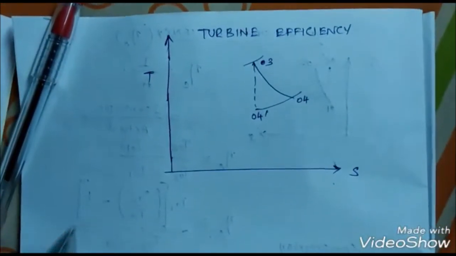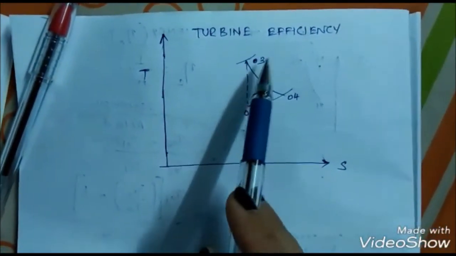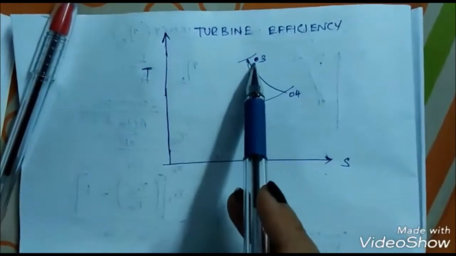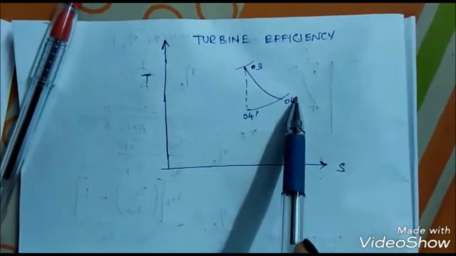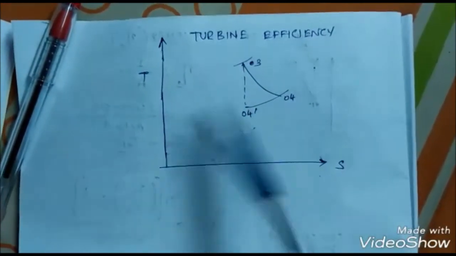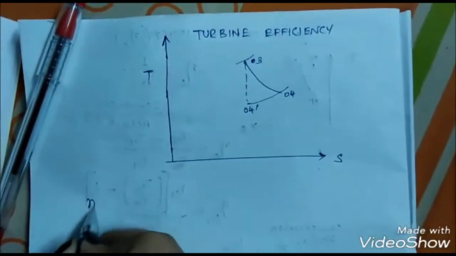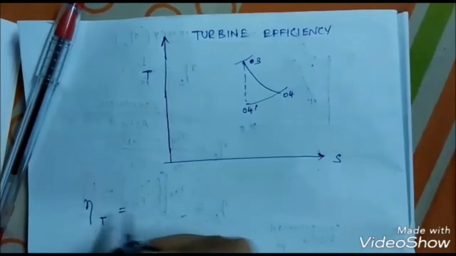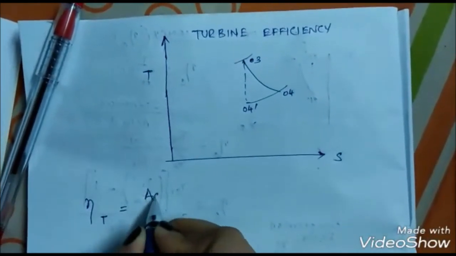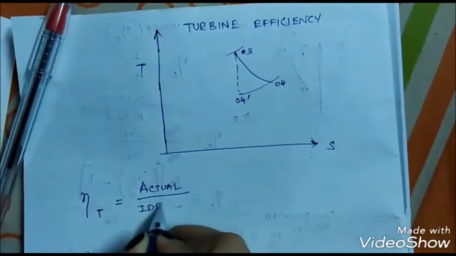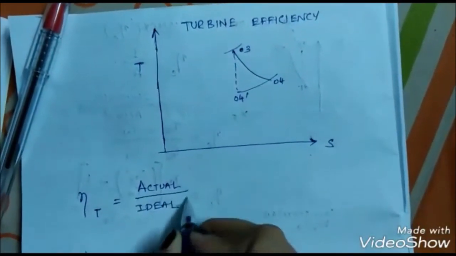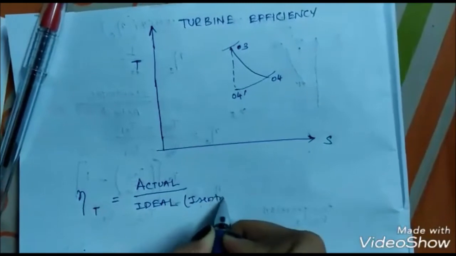Now we are going to find the turbine efficiency. Now we know the turbine expansion is between the points 03 and 04. The thick line is the actual line and the dotted line is the ideal line. So as per formula, what we know, eta T is actual by ideal or isentropic.